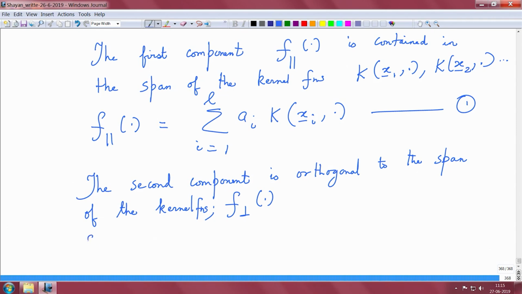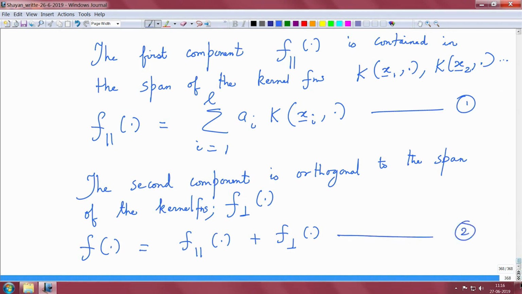Okay. So, this function f now can be expressed as f parallel plus f perpendicular, and one can think about visualizing these functions as residing in spaces that are orthogonal complements of each other. Okay. So, I call this equation 2.